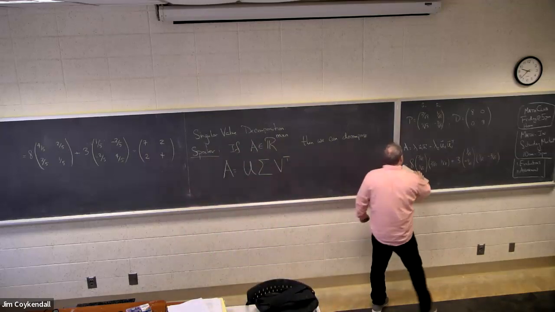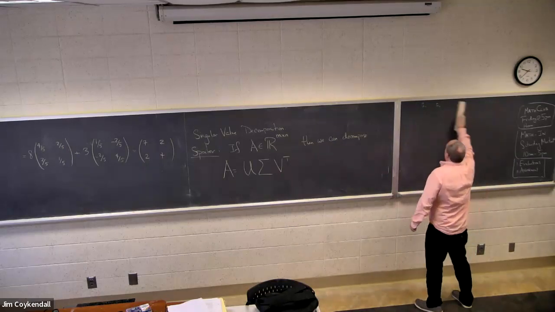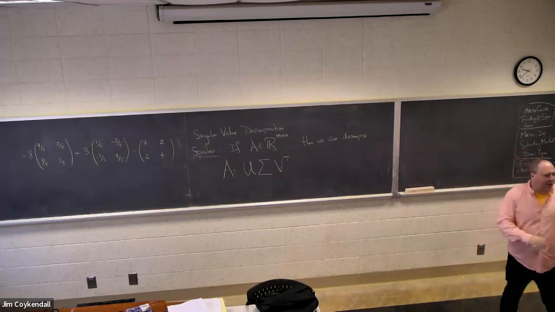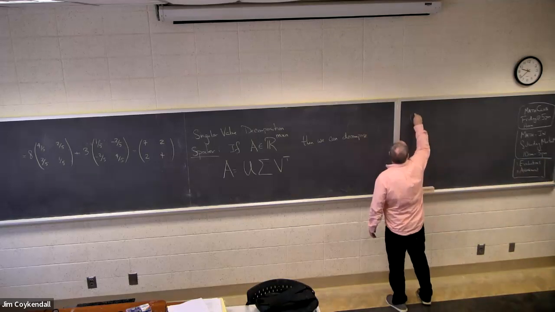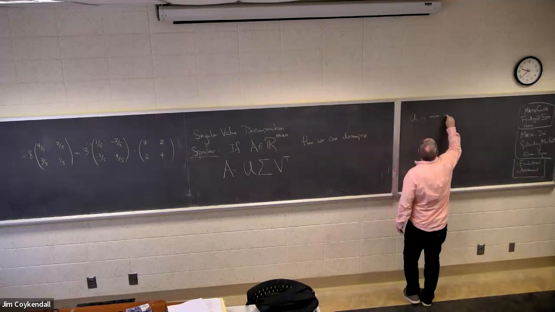In this form, we can break it up into three matrices, and these matrices are like pieces of meat that are easier to chew. We cut it up into simpler pieces. Where U is M by M orthogonal.